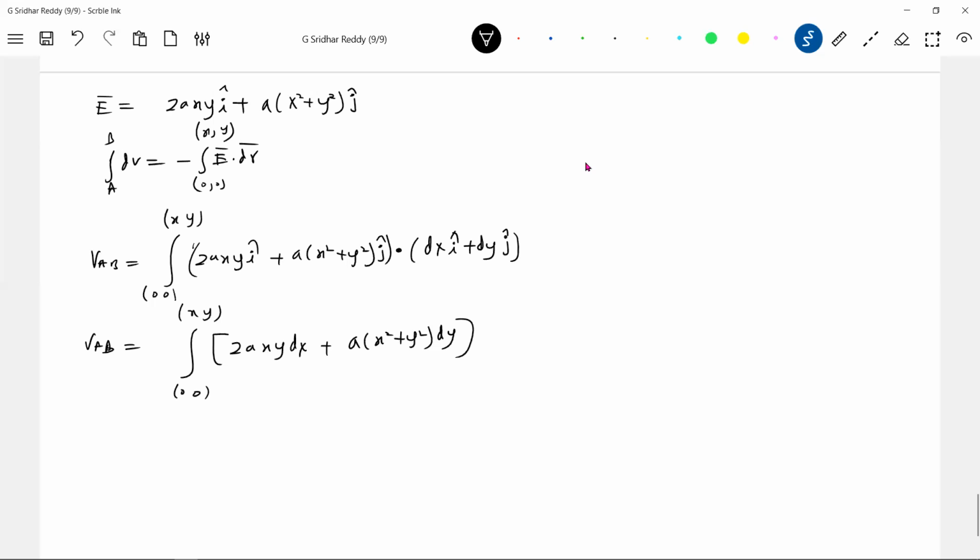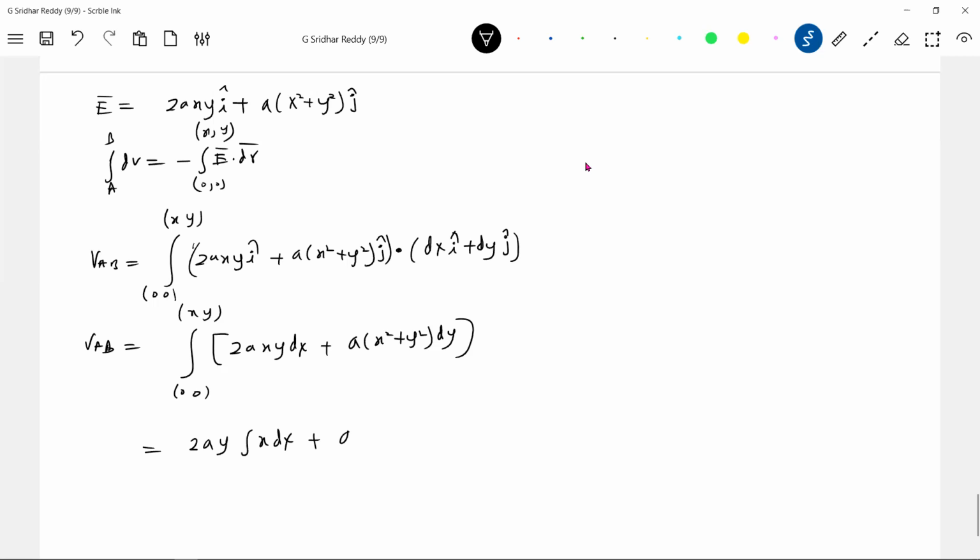Can we write it in any form of a derivative so that the integral and derivative will cancel out? Not possible. So what is the method? The alternate method: 2ay integral of x dx.